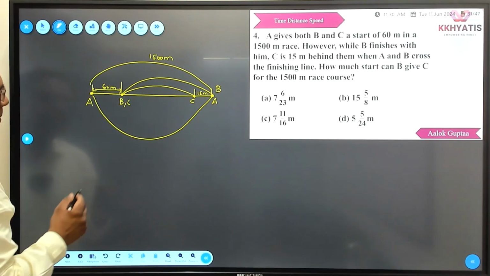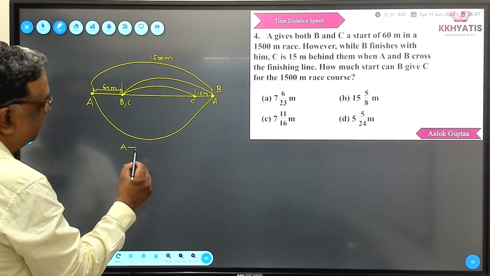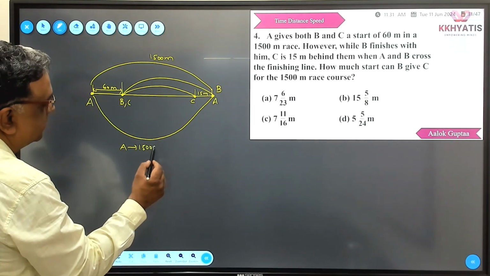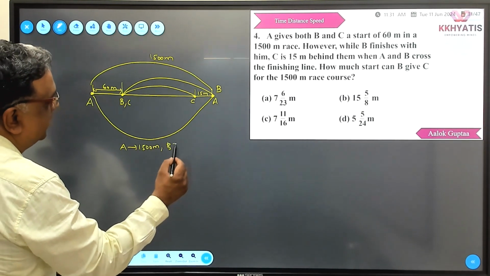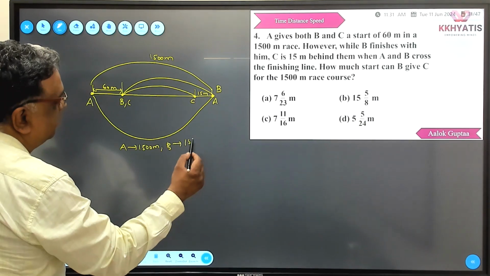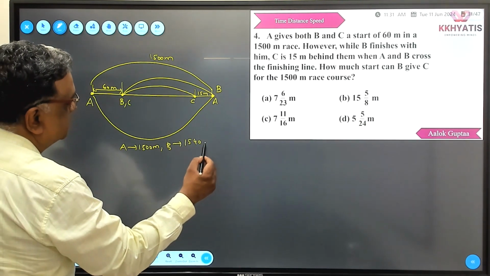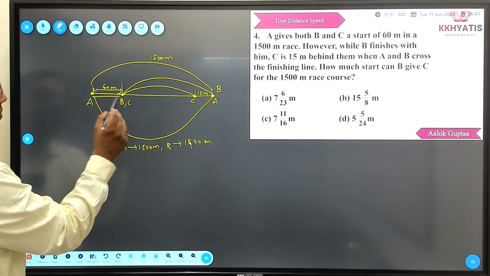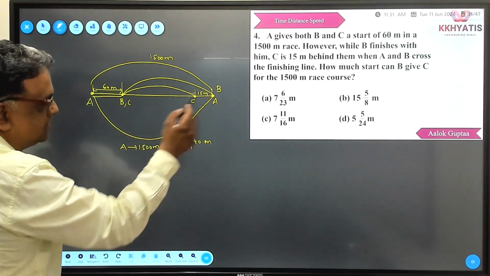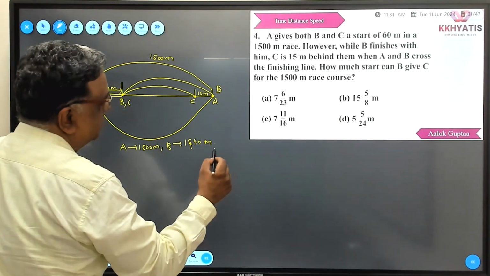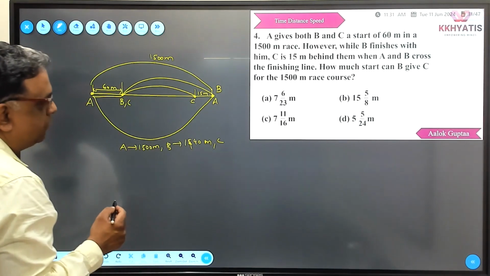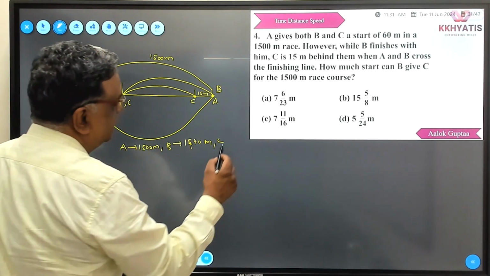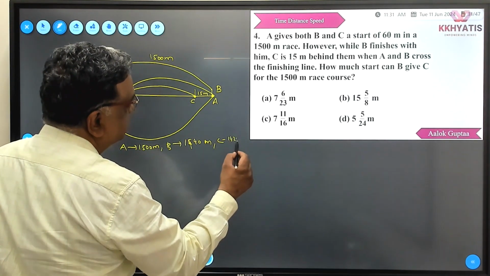Which means A ran for 1500 meters, B ran for 1440 meters, because he had a start of 60, so he covered only this balanced distance in the same time. And C covered 1440 minus 15, that is 1425 meters.